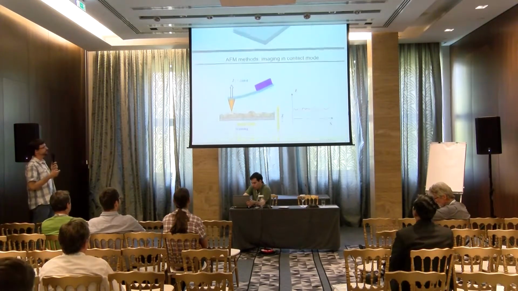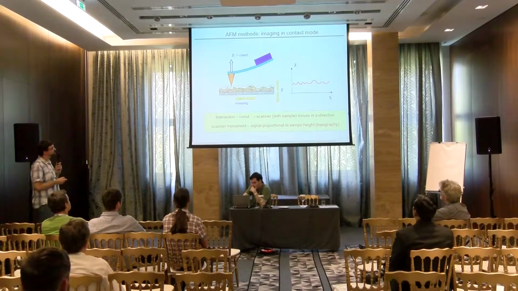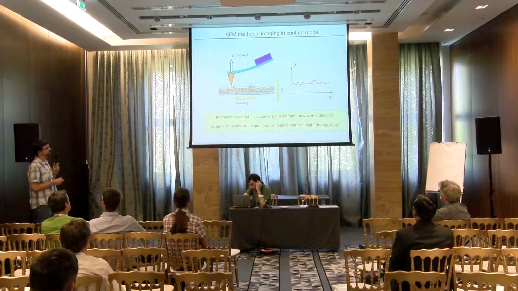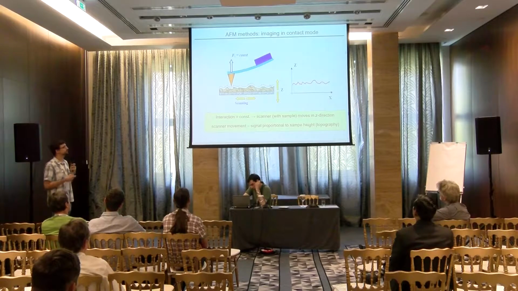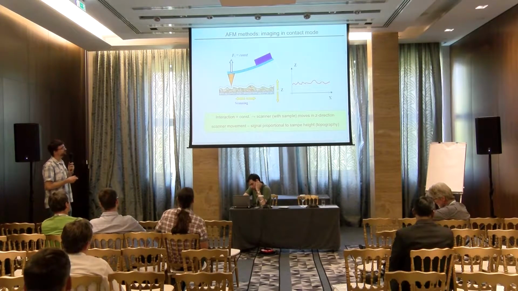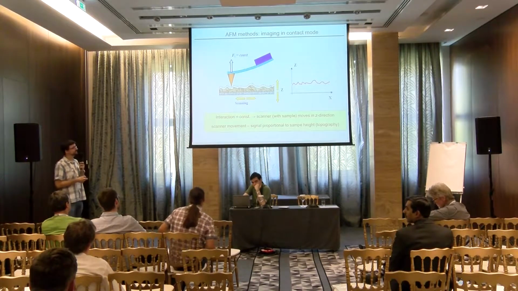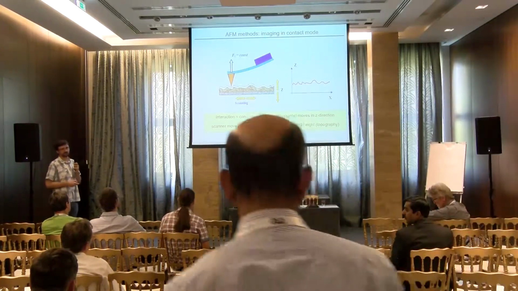The basic imaging mode is so-called contact mode. Here the tip is really in contact with the sample, and this normal force is kept constant during the scanning. In order to keep this force constant during the imaging, the scanner with the sample is moving continuously up and down in the Z direction, and practically this movement of the scanner in the Z direction is proportional to the sample topography.